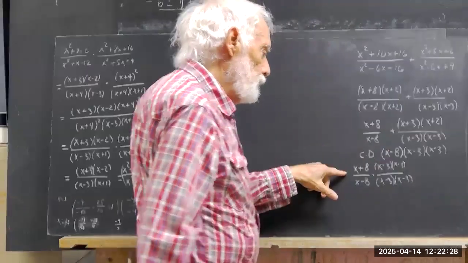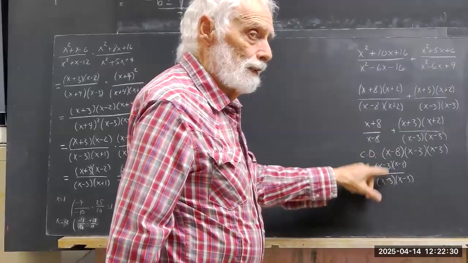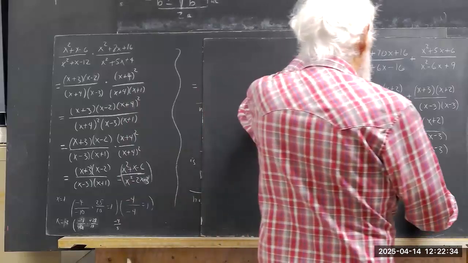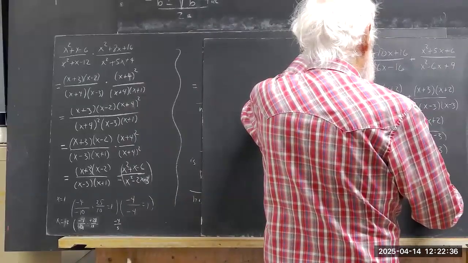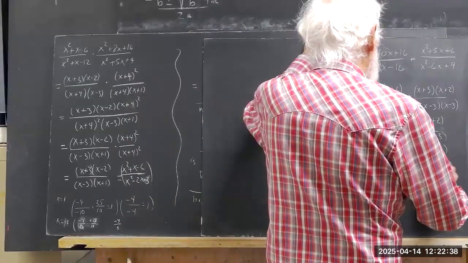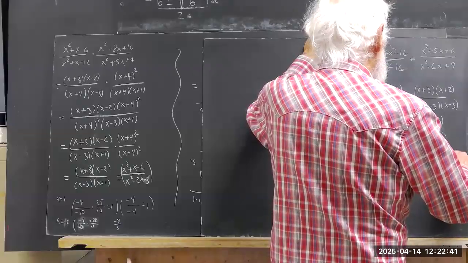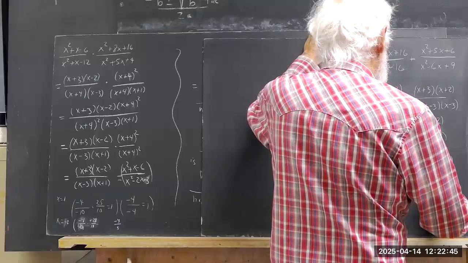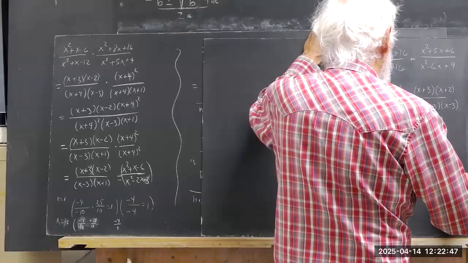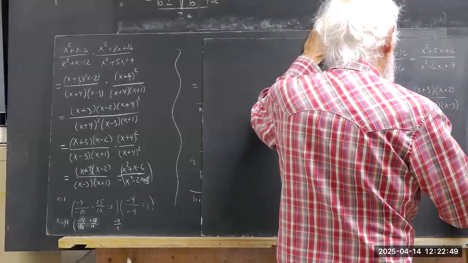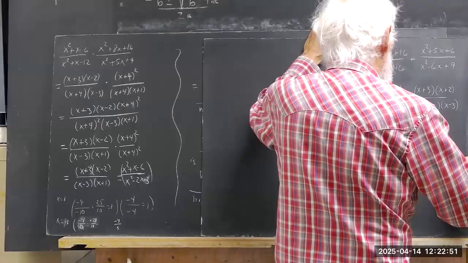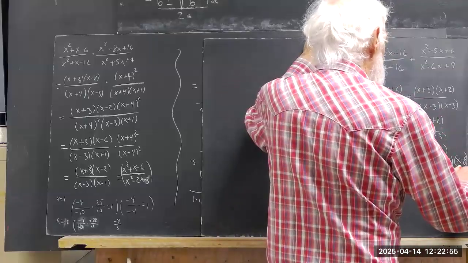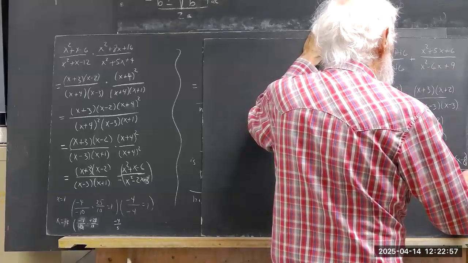Since we're not changing the value of this fraction, the fraction we multiply by has to be equal to 1. Then the second fraction is (x plus 3)(x plus 2) divided by (x minus 3)(x minus 3). We have to multiply that by (x minus 8) divided by (x minus 8).